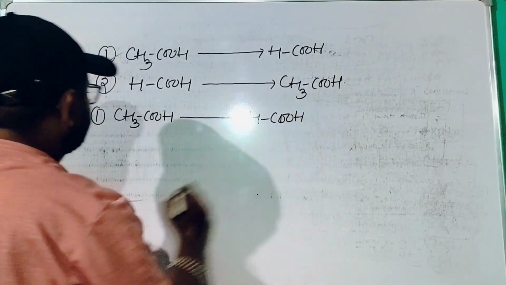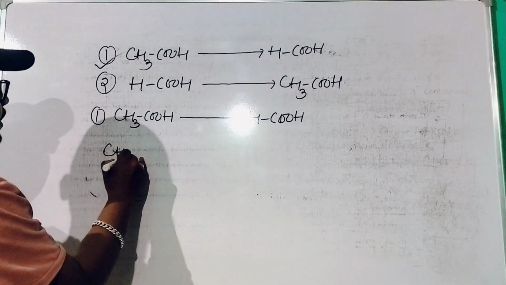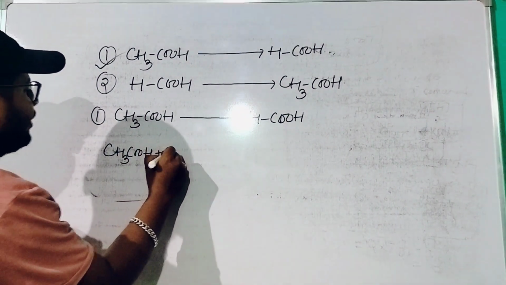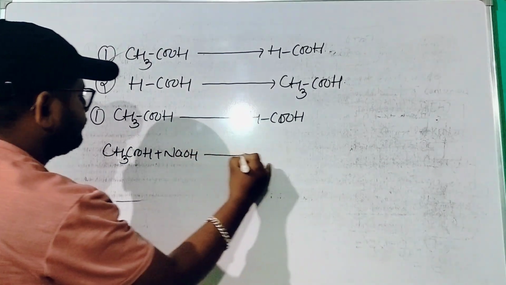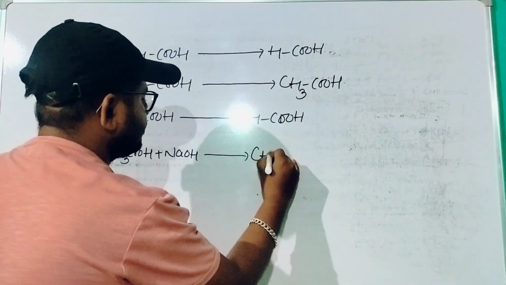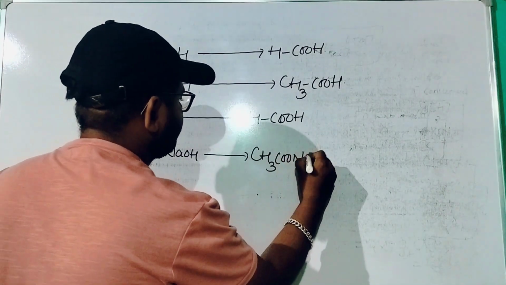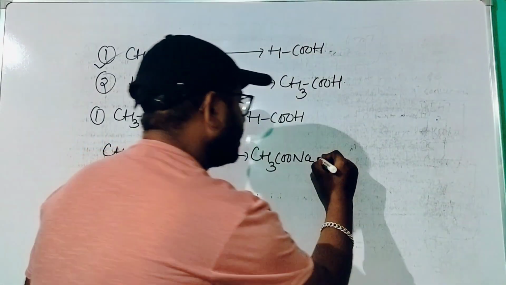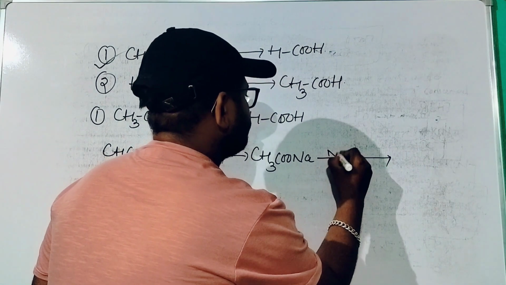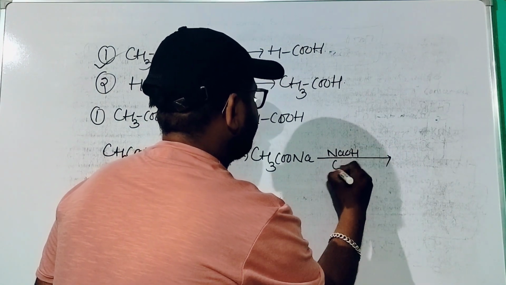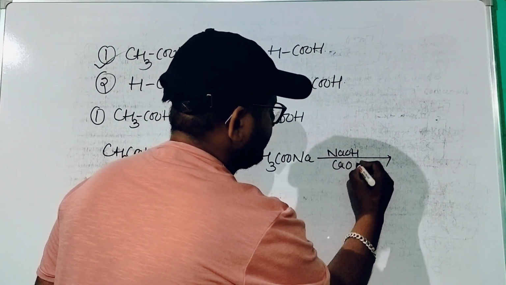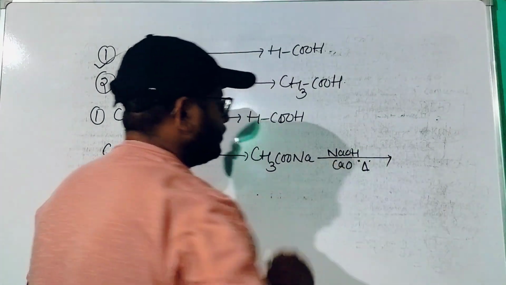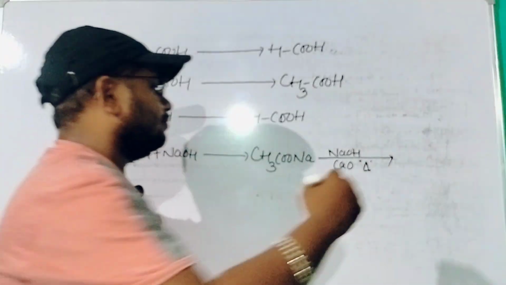In the first step, acetic acid can be treated with sodium hydroxide to form sodium acetate, and sodium acetate can be further treated with soda lime, that is your sodium hydroxide and calcium oxide, and we get methane.